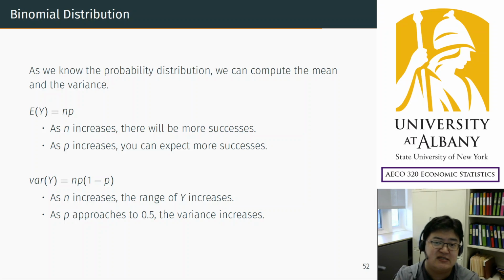When p is close to 0 or 100%, then there is little uncertainty. But the uncertainty is maximized when the probability is 50%. So that's how you can understand the variance. Anyhow, the results are pretty simple. If you know the two parameters n, p, then you can calculate the mean and the variance. Pretty straightforward.